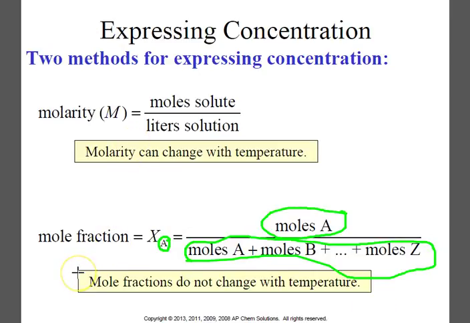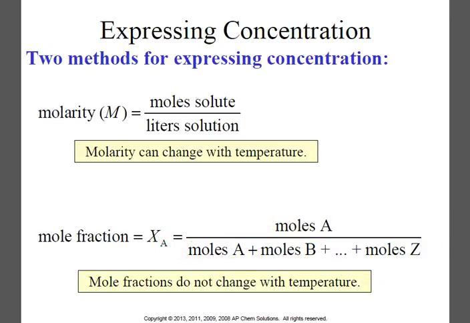Mole fractions do not change with temperature, and that's advantageous with a gas because gas volume can change so much with even a little change in temperature. So we would rather use mole fraction for gases, and we'll use molarity most of the time when we're talking about liquid solutions.